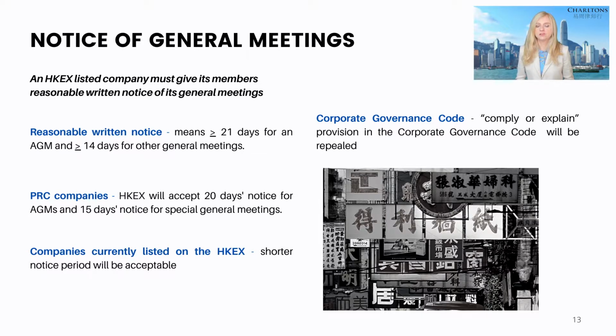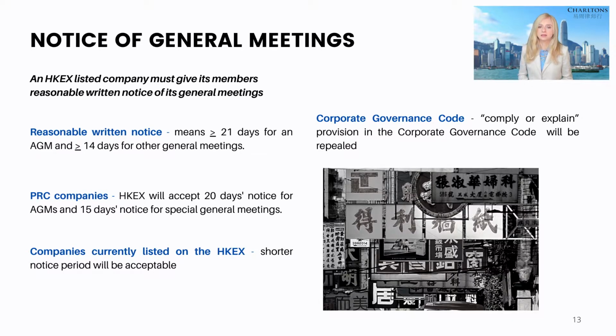The mandatory provisions which apply to PRC incorporated companies require 45 days notice of a general meeting, while the PRC company law requires 20 days notice of AGMs and 15 days notice for special general meetings. Cayman Islands and Bermuda incorporated companies are required to give 21 days notice of AGMs and 14 days notice of any other general meeting.